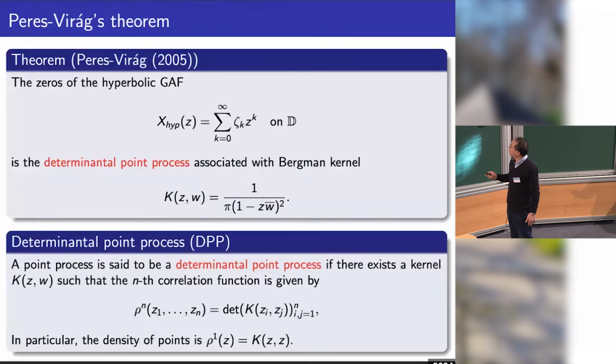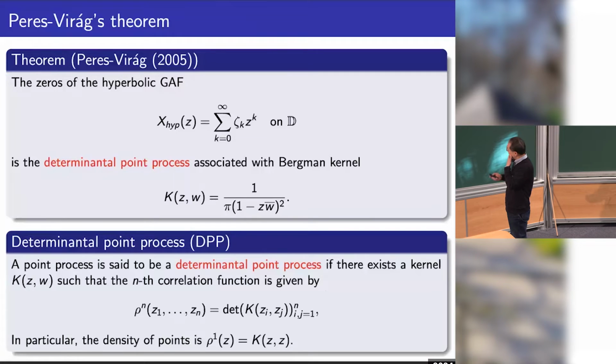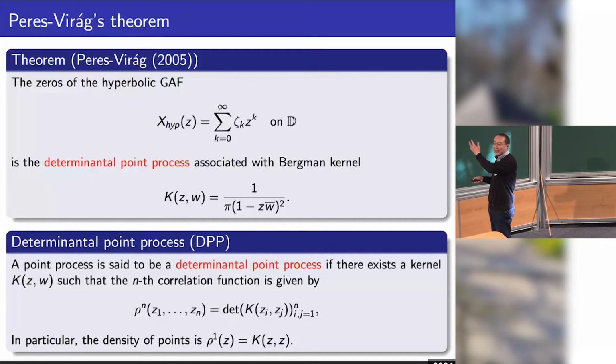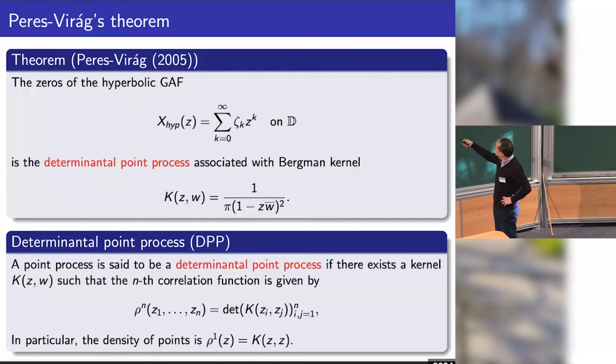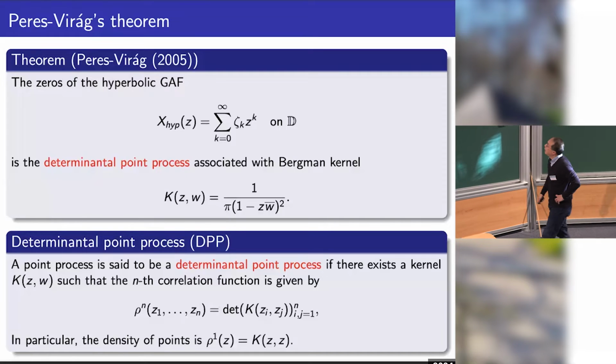And for the hyperbolic graph, there is a very nice, remarkable result by Peres and Virag. This zero point process is determinantal with respect to the very famous Bergman kernel. Yesterday there was already some explanation of determinantal point processes, which are point processes whose correlation functions are given by determinants.